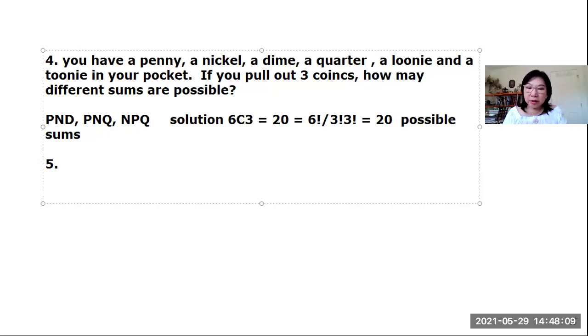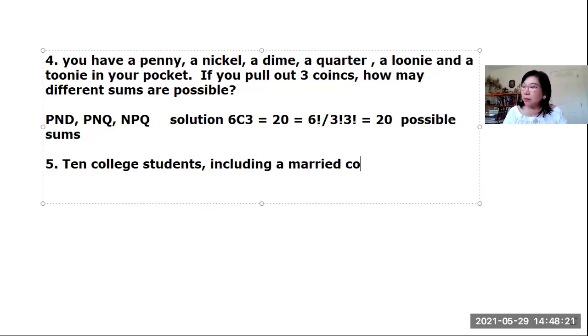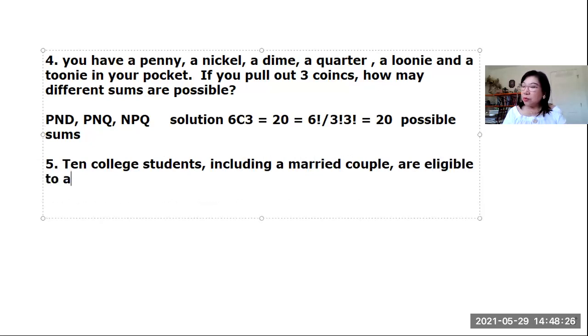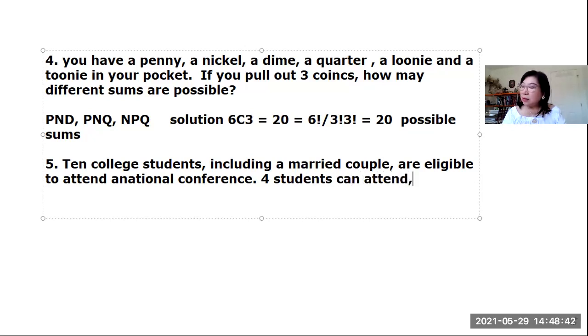I'm going to choose an interesting question. 10 college students, including a married couple, are eligible to attend a national conference. 4 students can attend.